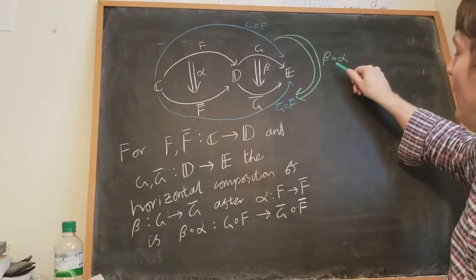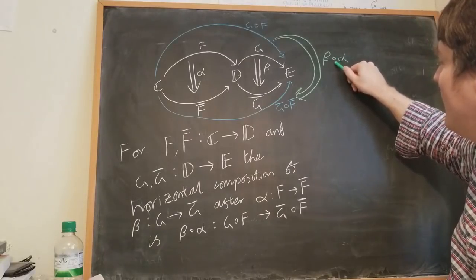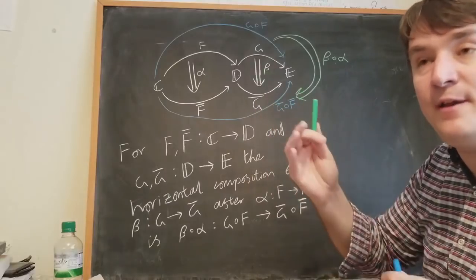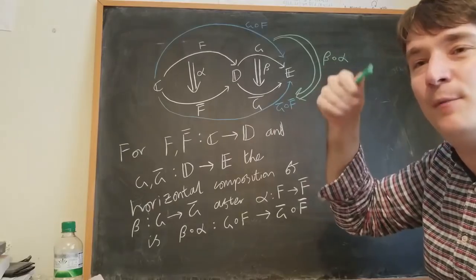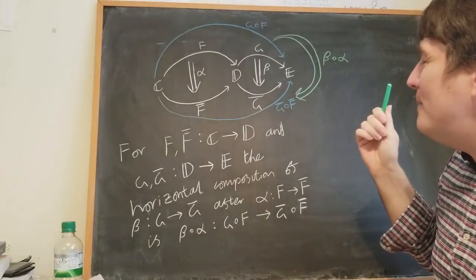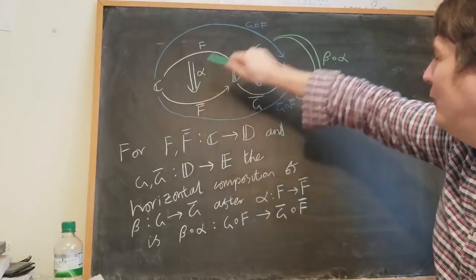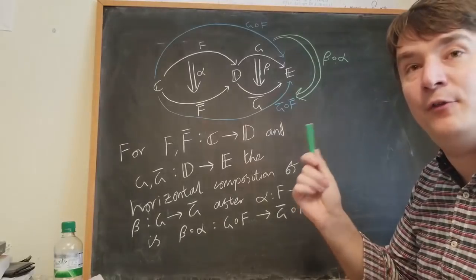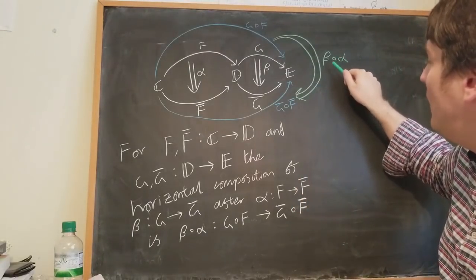When we're talking about horizontal composition, we use an open circle, and when we're talking about vertical composition, as we were previously, we use a filled in circle, a big dot. Anyhow, this is essentially the same thing as I've illustrated up here, just in words. But of course, I still have to tell you how this horizontal composition really works.